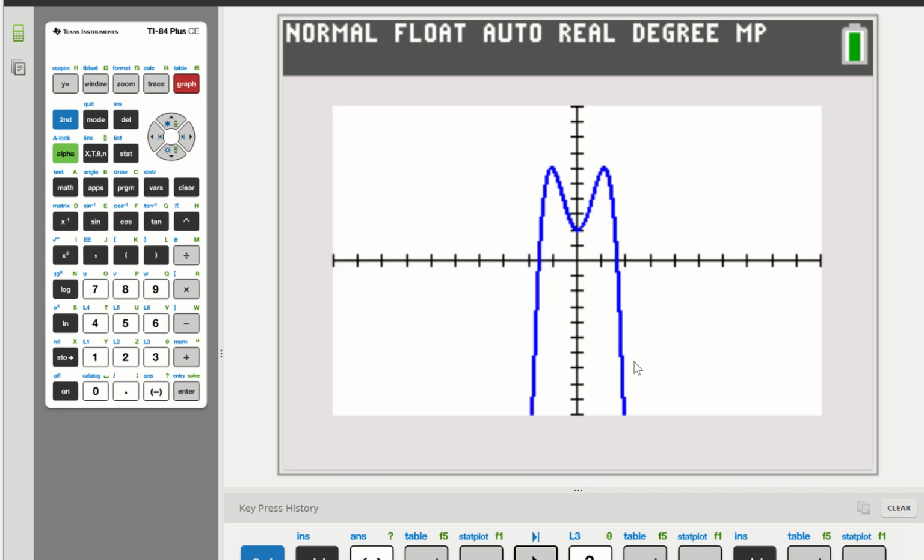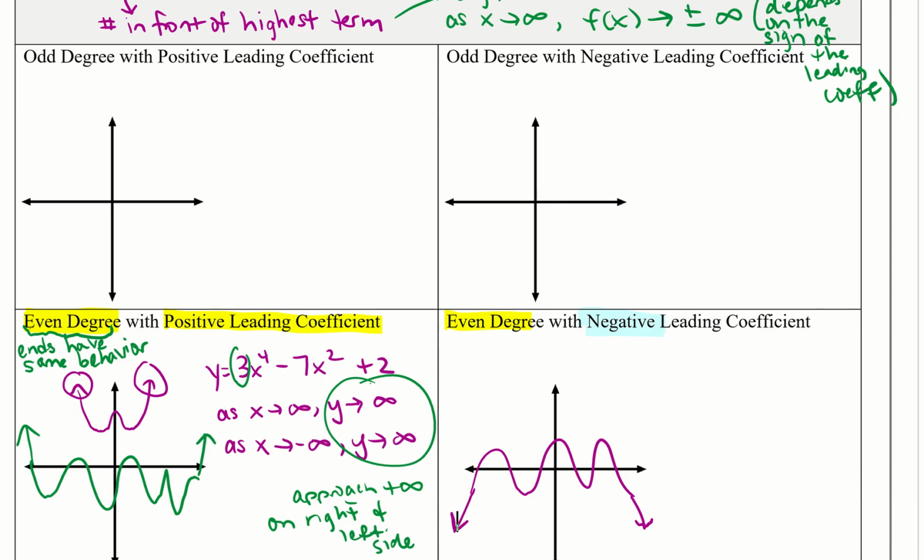You might notice, again, on the right-hand side we're going down, and on the left-hand side we're going down as well. So this one went like this, something like that. That was y equals negative 3x to the fourth plus 7x squared plus 2.